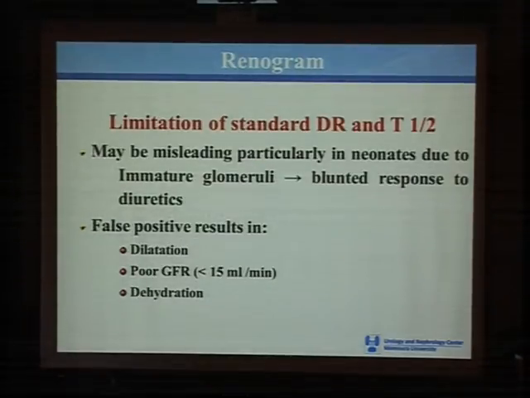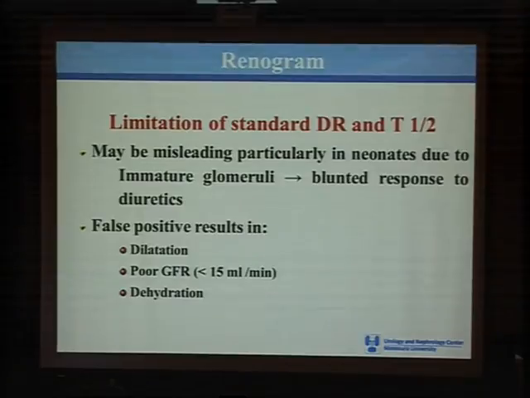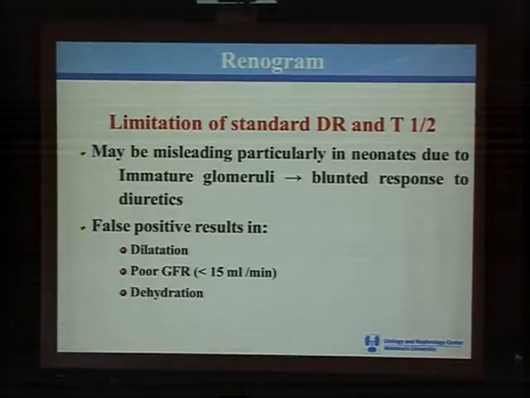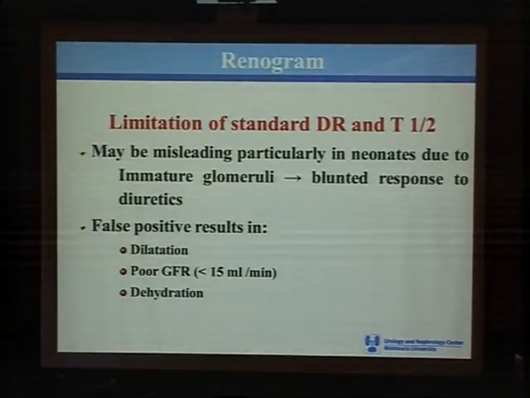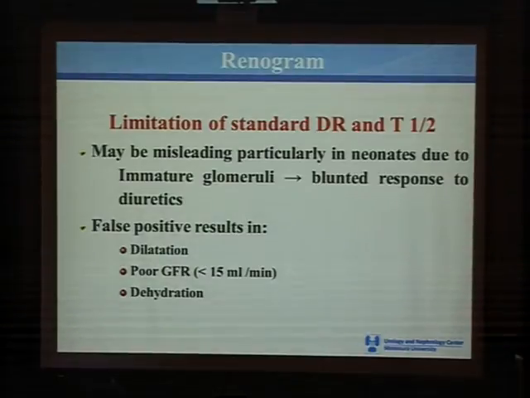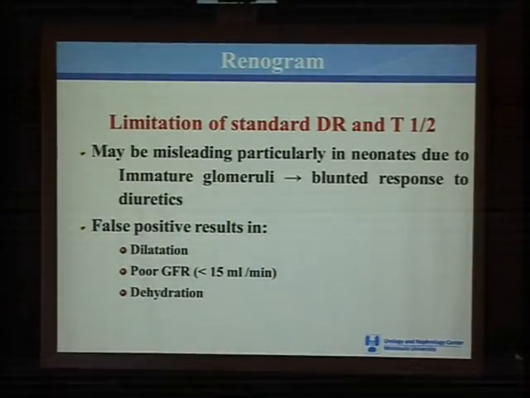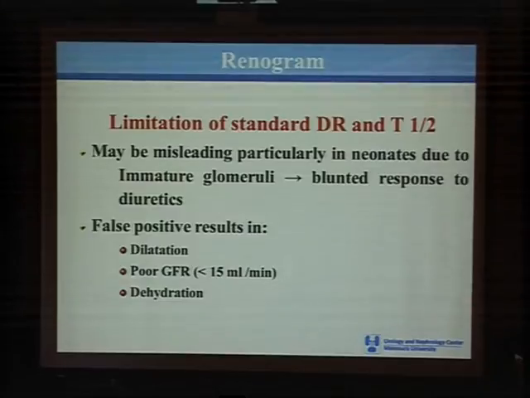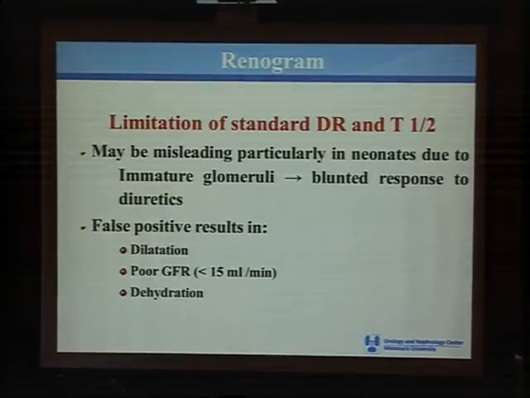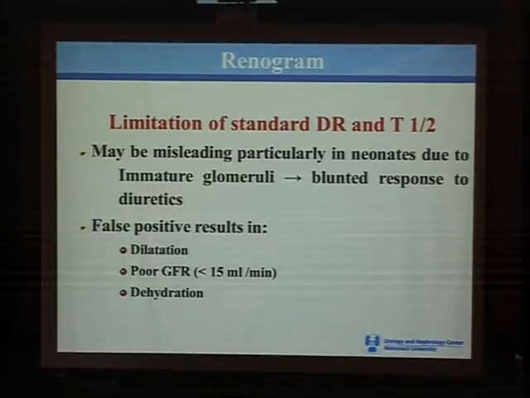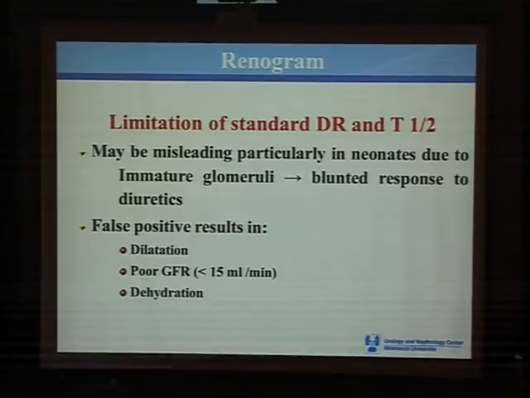What are the limitations of using the standard diuretic renogram and the half-time drainage in the diagnosis of obstructive uropathy? These 2 items may be misleading in neonates because of immaturity of the glomeruli. Therefore, the response of the kidney of an infant or young child is blunted.